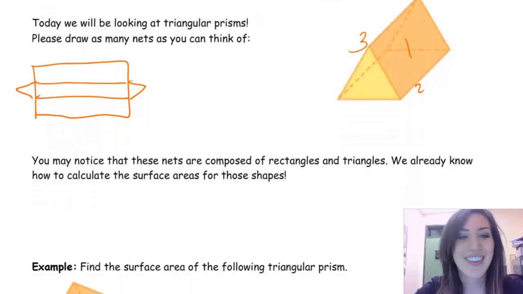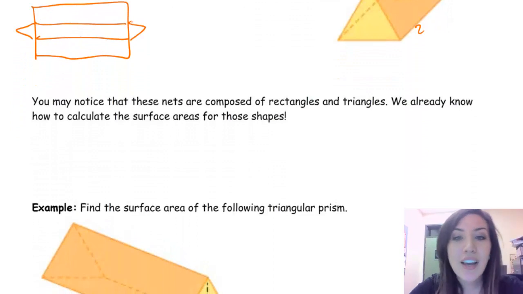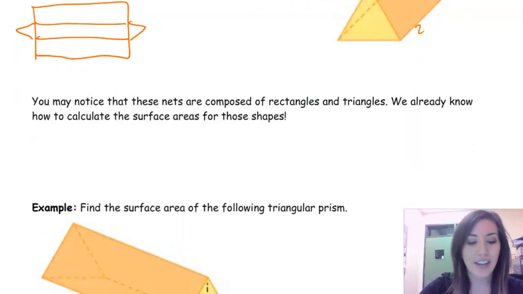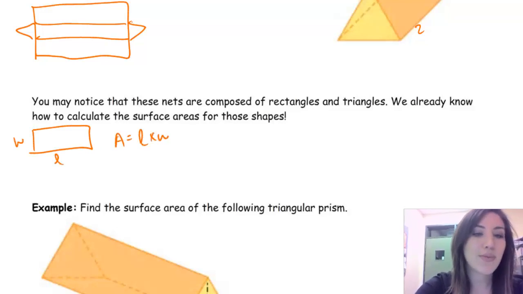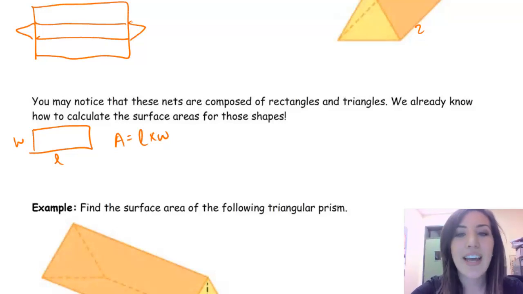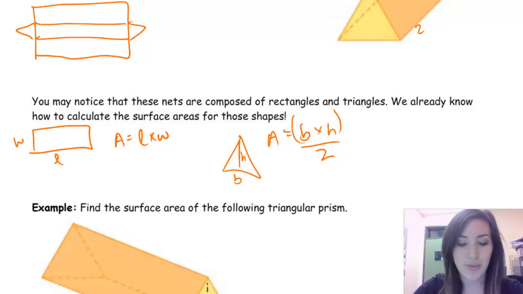You may notice that in these nets we have rectangles and triangles, so we already know how to calculate the surface area. For a rectangle, we just do length times width, so that's really easy. For a triangle, we know that the area equals base times height divided by 2.